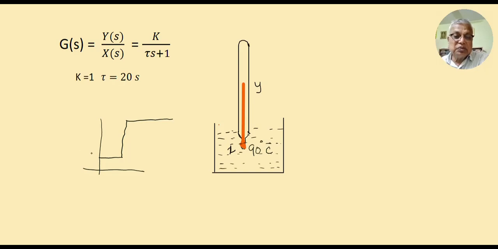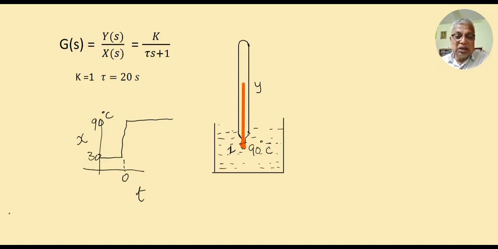So it is a step input from 30 to 90 degrees. So we plot X, which is the surrounding temperature; at t equal to 0, it changes from 30 to 90. So it's a step input.